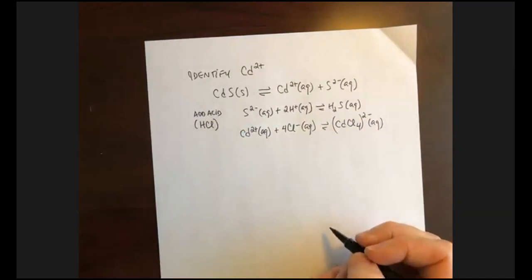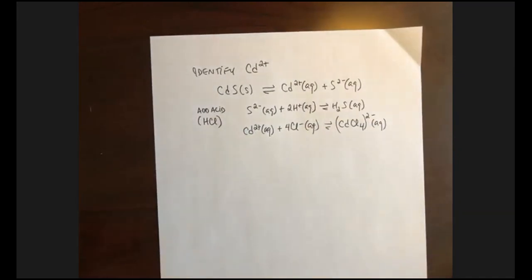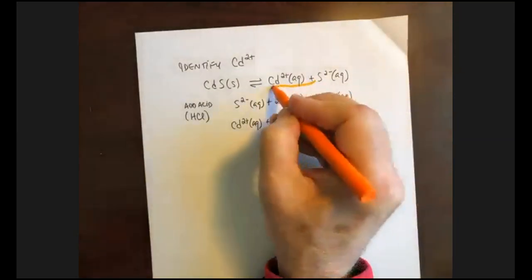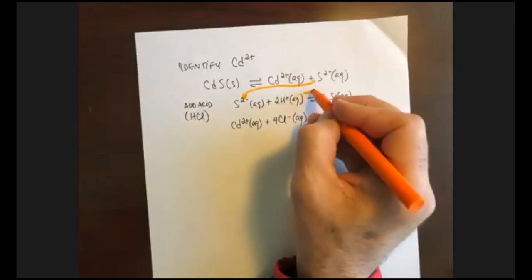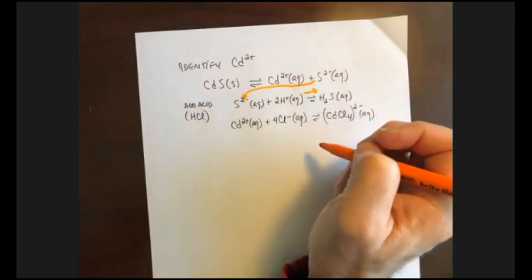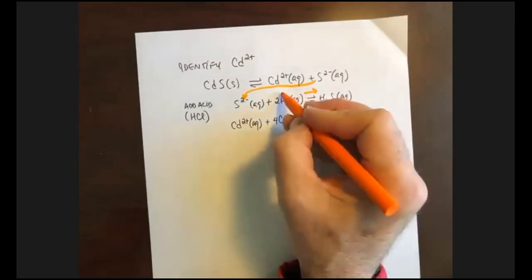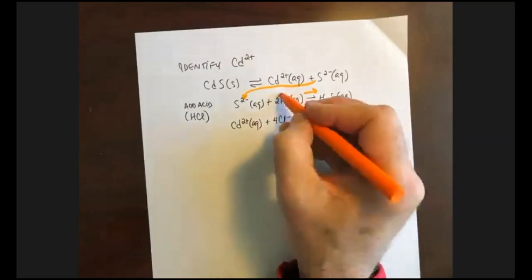But think about it. If we add HCl, what we are doing is pulling away sulfide ions via this equilibrium here. So Le Chatelier pushes this equilibrium to the right because we're increasing hydrogen ion concentration.